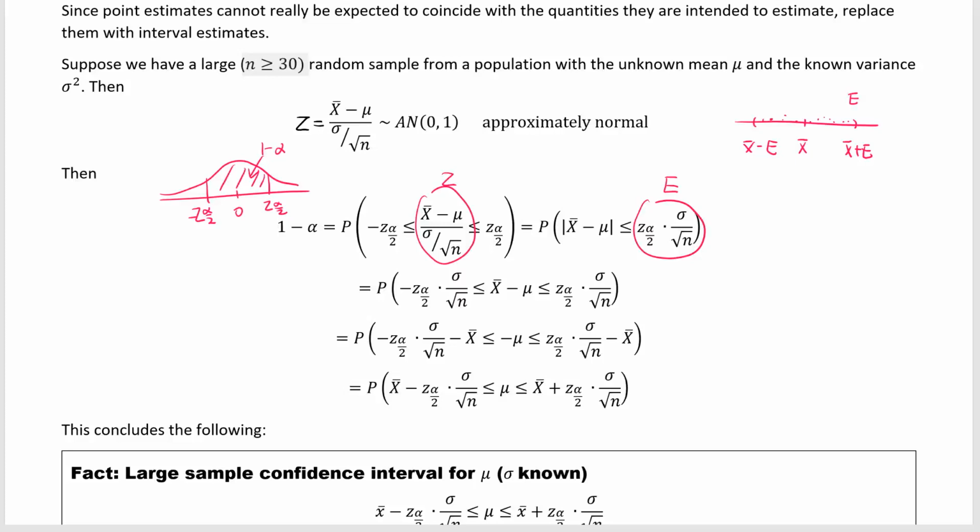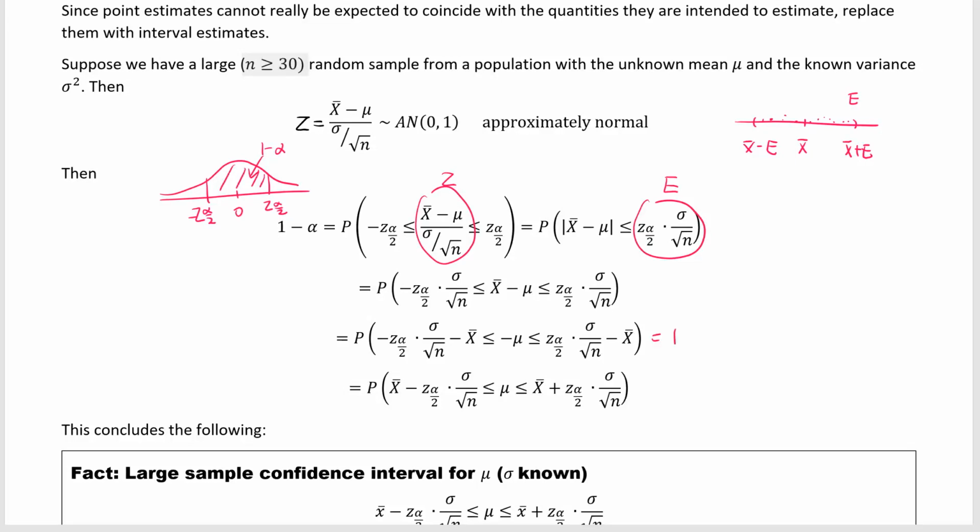And what does that mean? It means that if we get rid of the absolute value, then x bar minus mu is bounded between minus E and E. Here we can subtract x bar from each term. Subtracting a number won't change the inequality. And when we divide by minus 1, it will change the inequality.